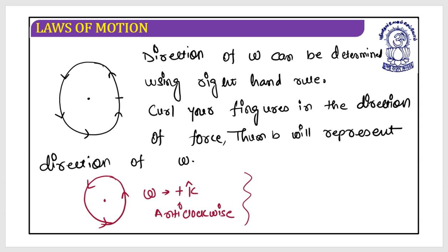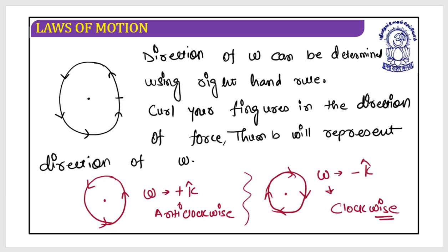Now let's suppose the particle is moving in the clockwise direction, something like this. Then omega should be equal to minus k cap. So you can remember this: if the particle is moving clockwise, it is minus k cap, if I have considered my plane of motion in the x and y direction.